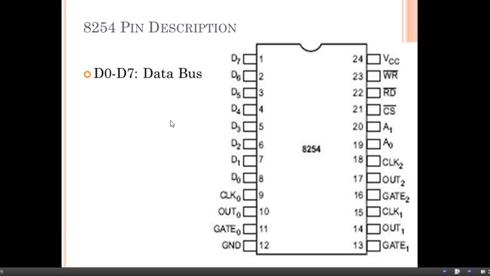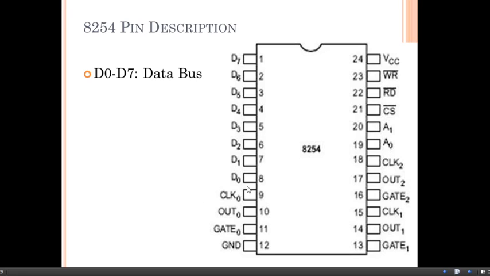These are total 8-bit bidirectional data bus lines, connected to the system bus for data transfer between this 8254 and 8086. Means these data lines are connected between the internal data bus of 8254 and the system data bus of 8086, and due to this the data transfer between the 8086 and 8254 is possible.